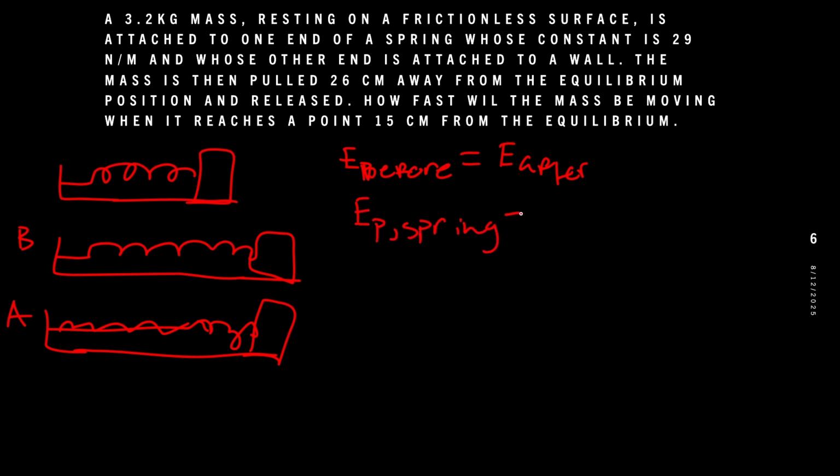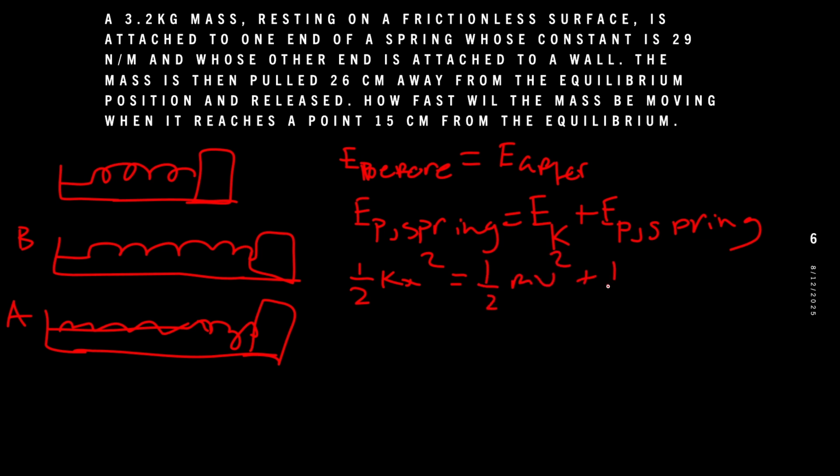Then after, since it's still moving, it would have kinetic energy, but since it's not at its equilibrium state, it would still have spring potential energy. So the equation for spring potential energy is 1 over 2 kx squared, kinetic energy 1 over 2 mv squared plus 1 over 2 kx squared.